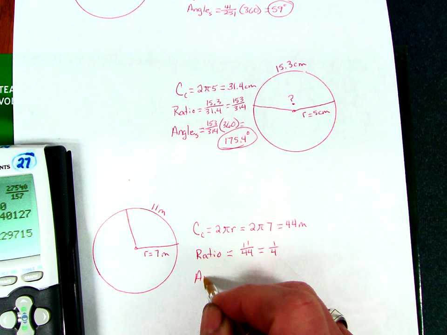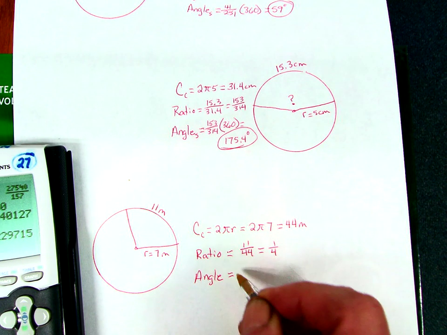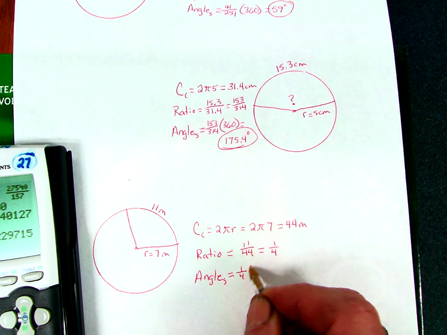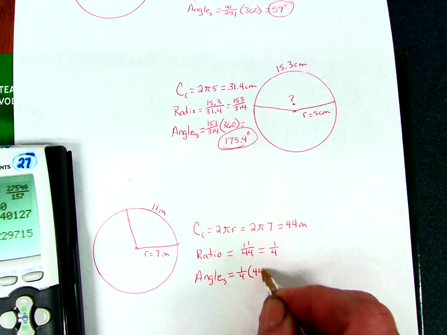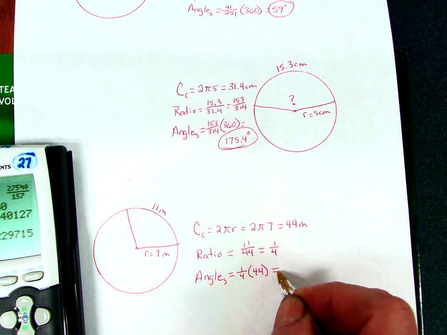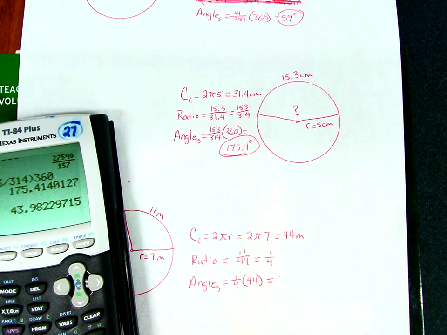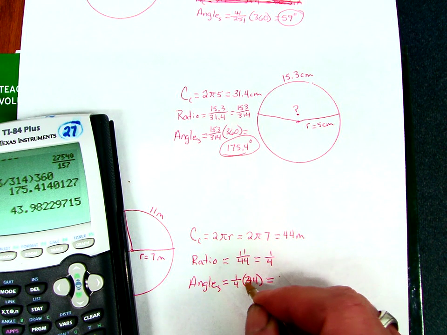So our angle of the sector is going to be 1 over 4 times 360.